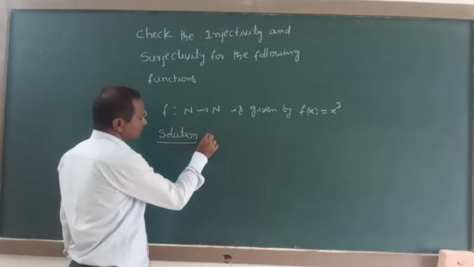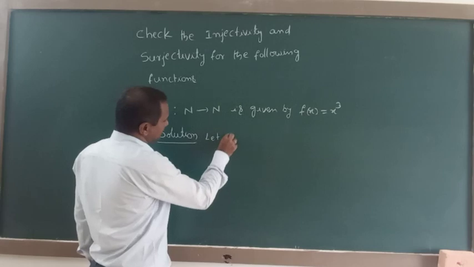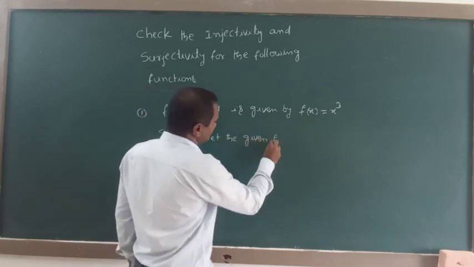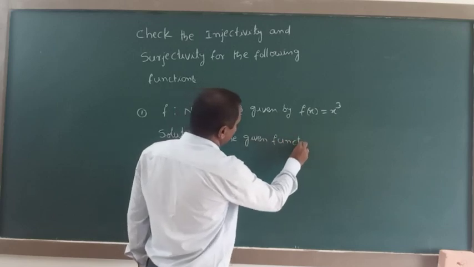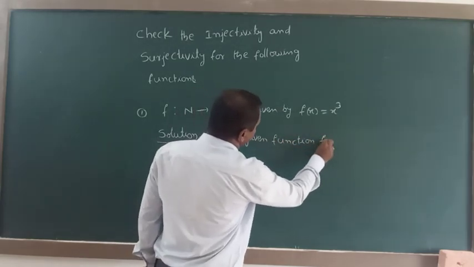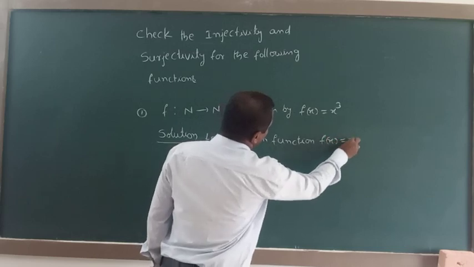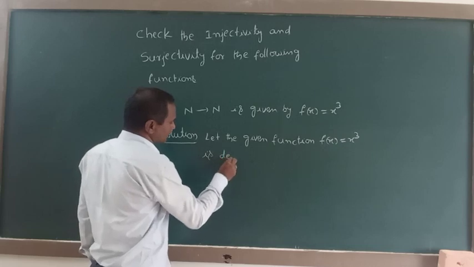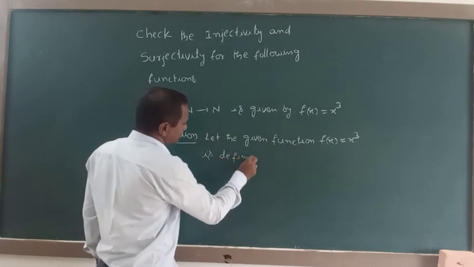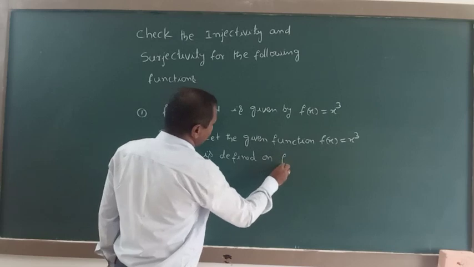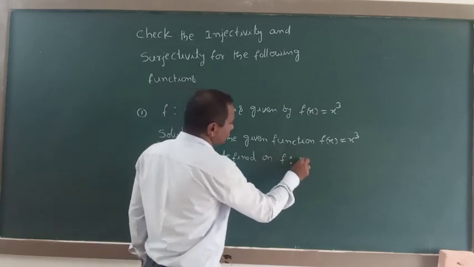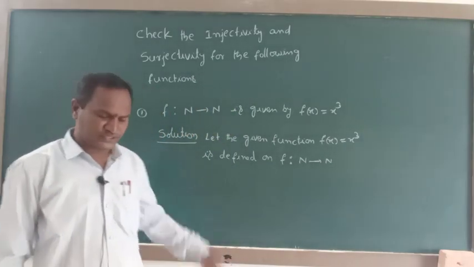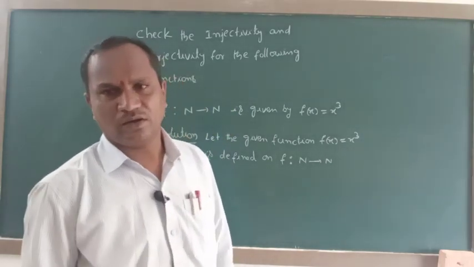let the given function f of x equals x cube be defined on f maps from N to N. Now we are going to check whether f is one-one or onto.